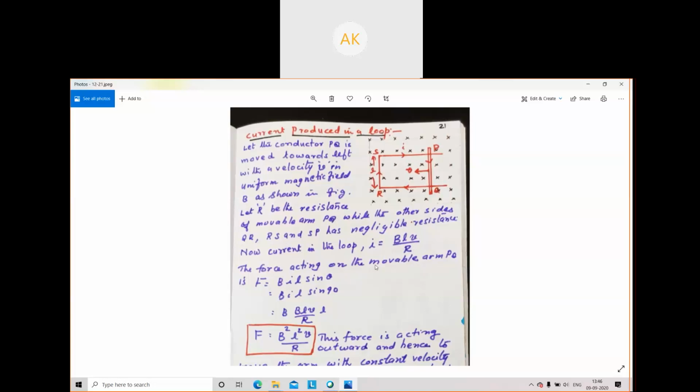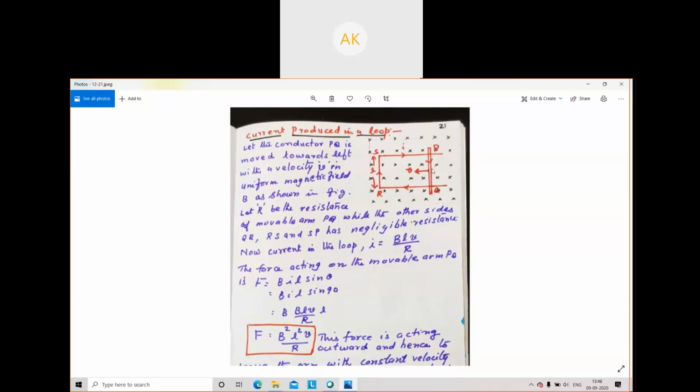The force acting on the movable arm PQ is F equal to BIL sin theta, the force on a current carrying conductor in a magnetic field that we have studied. What is the angle between B and the current element IL?